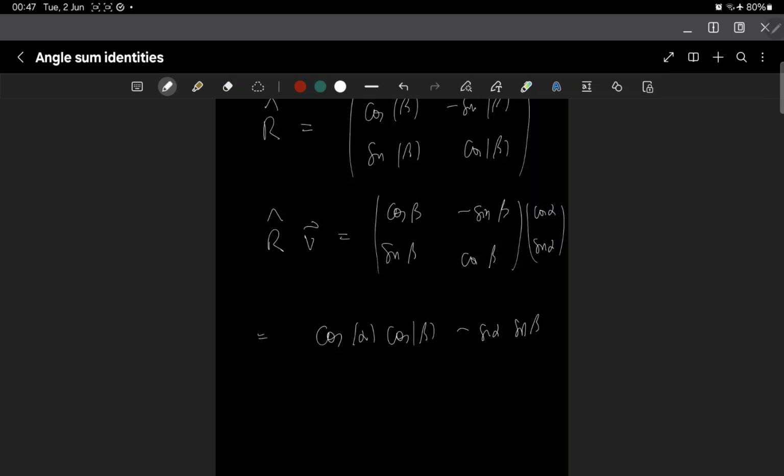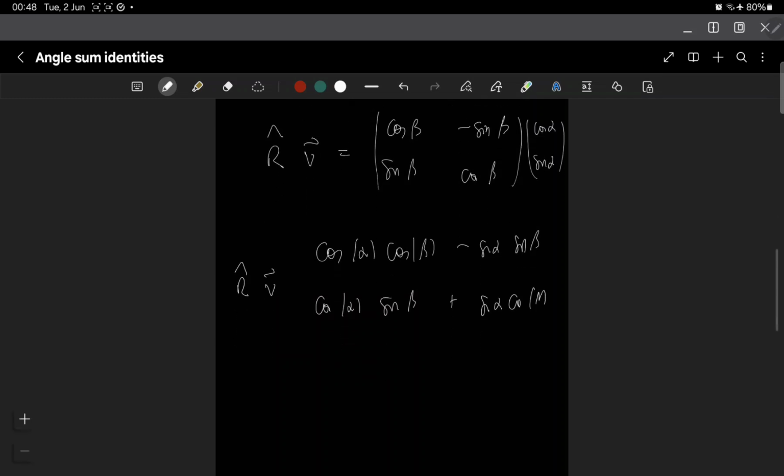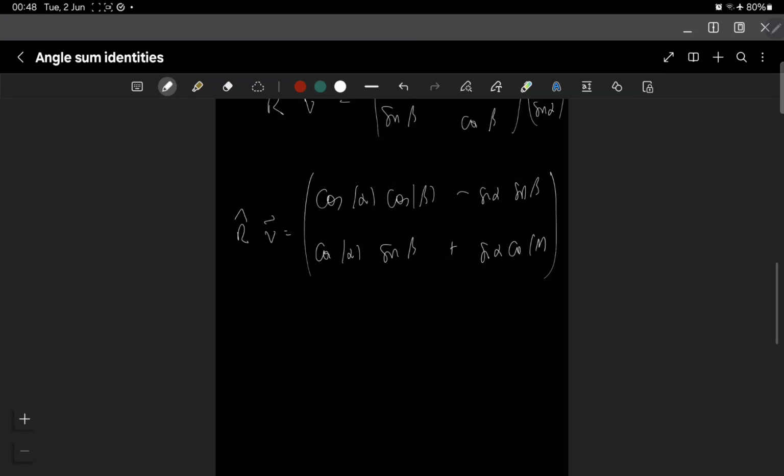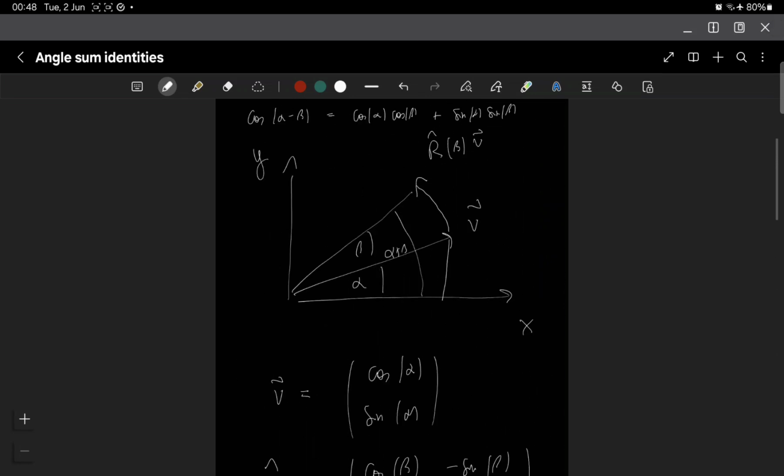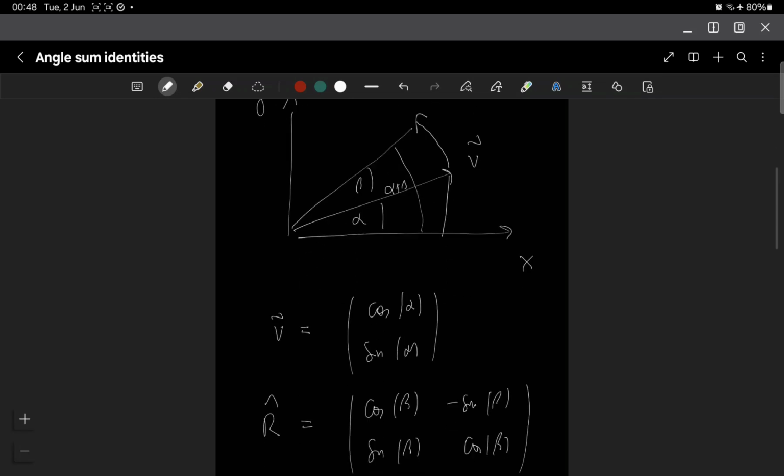The second entry is cosine alpha times sine beta plus sine alpha times cosine beta, right? Now this is a new vector Rv, and we already know its coordinates because it's just the same unit vector, but now at an angle alpha plus beta.